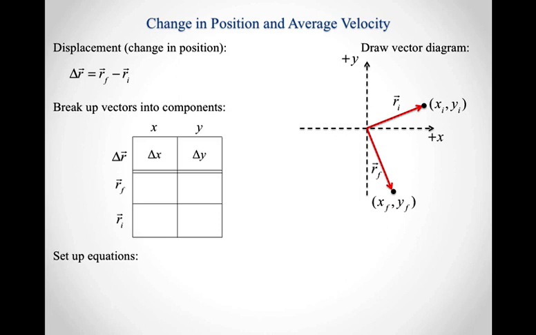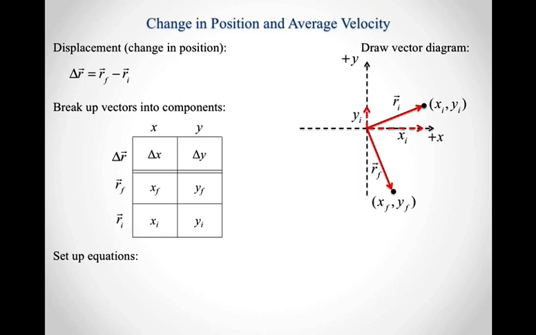For the final position vector, well, if I know where the object is located and in what direction from the origin, again, I can break that vector up into its x and y components. The initial position vector, if I know, again, how far away from the origin and in what direction the object was located initially, I can break that position vector up into its x and y components.